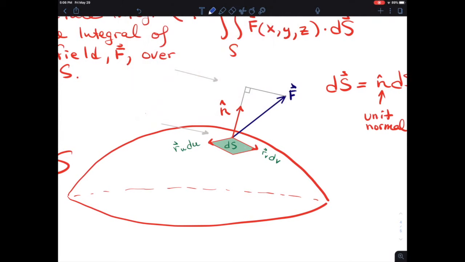Okay, so what all I mean to say is that this distance right here, that's f dot n.